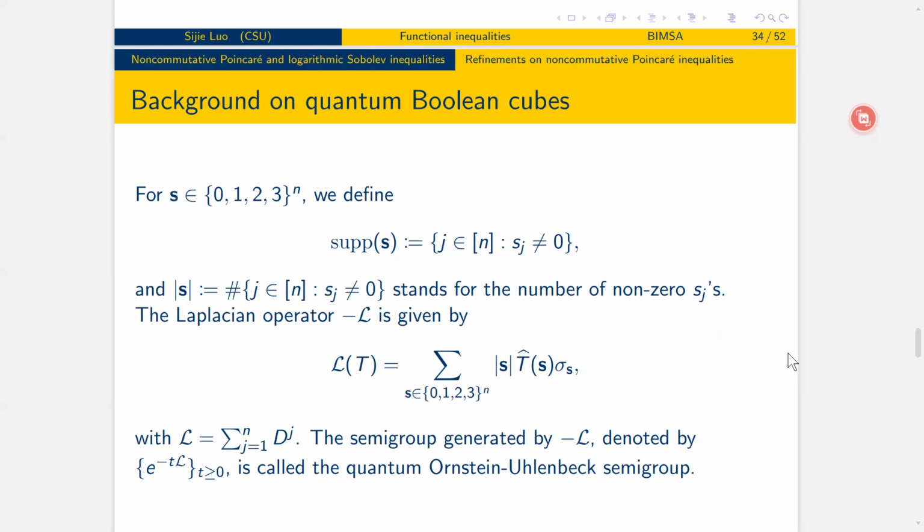So we can see the counting of the cardinality here is quite different to the CAR algebra. Although the construction is similar, the counting of the cardinality here is different, so it can affect the behavior of the semigroup and finally affect the different phenomena of the functional inequality. We can see this later.